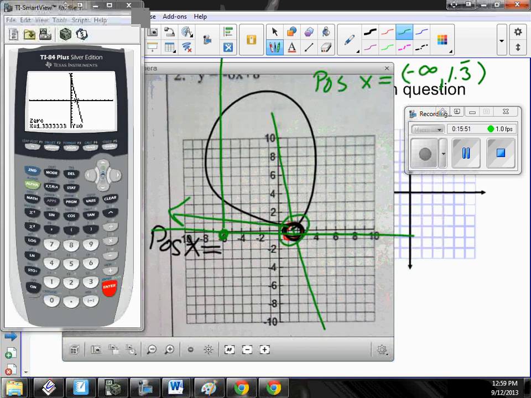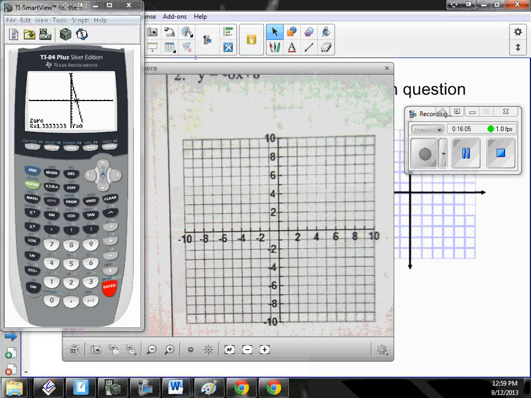Okay? Half of you? So what we're trying to do is figure out, when does the graph occur above the x-axis? So we know, let me clear all that out.